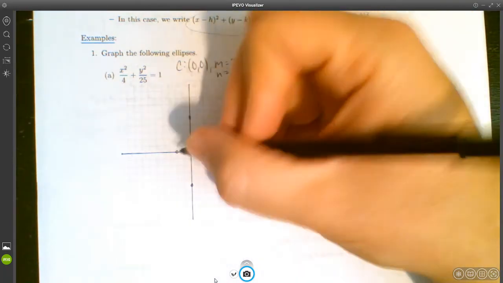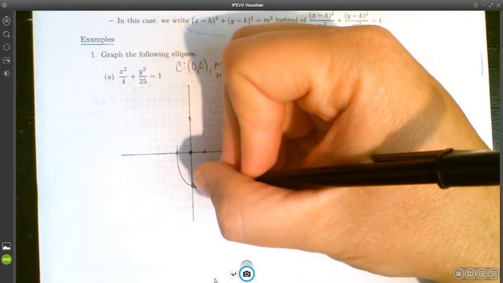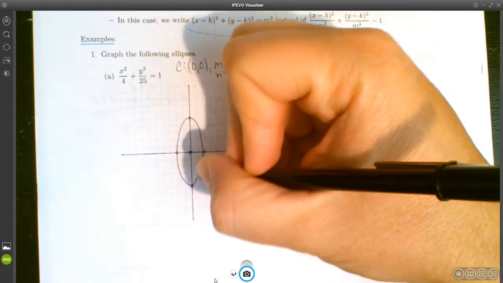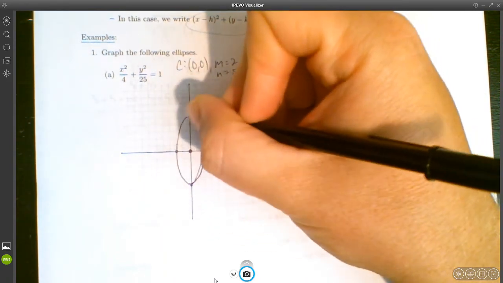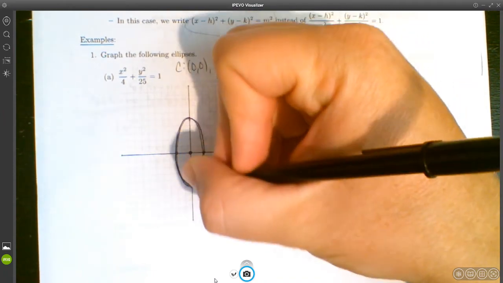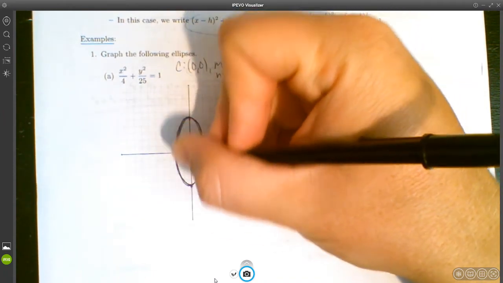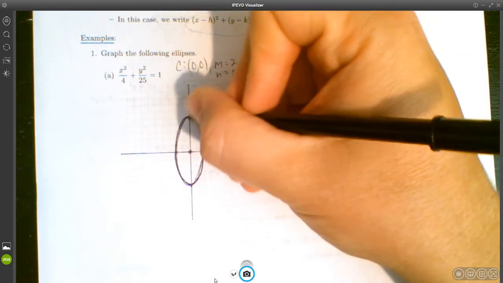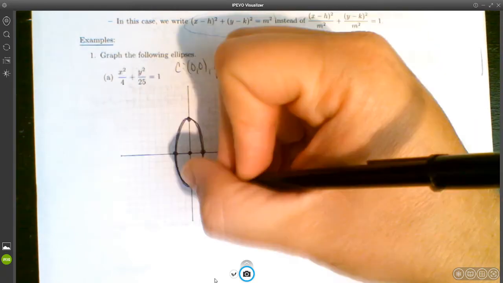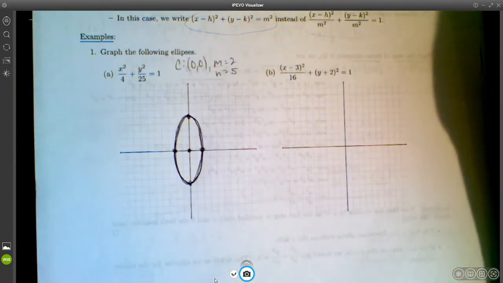And there you go. There's the ellipse that we get. Sorry for my poor drawings. But anyway, you get the idea. It's an oval. Okay, so there's the ellipse.